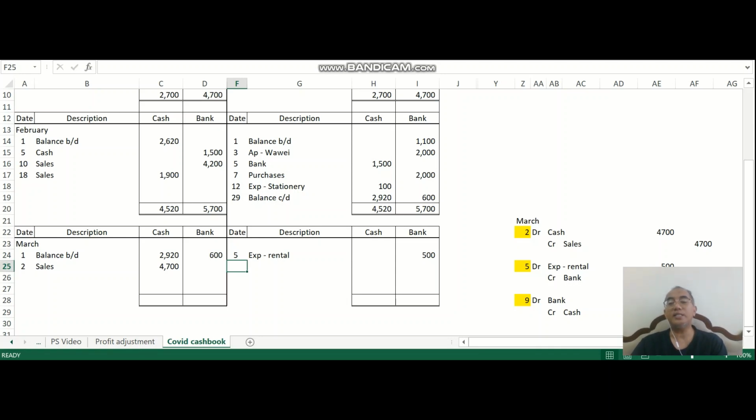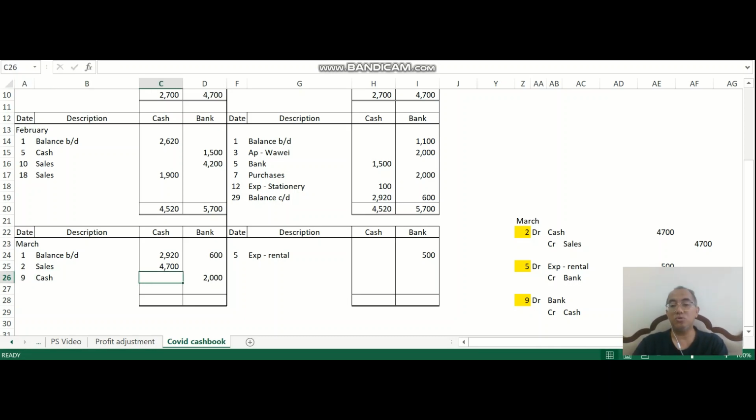Okay, last one. Come on, last one. On the 9th, debit bank, credit cash. Okay, we have both sides. There is debit bank. So we go to the debit side. We go to the bank. We put here 2,000. And then here we put cash. When? On the 9th. But it doesn't stop here.